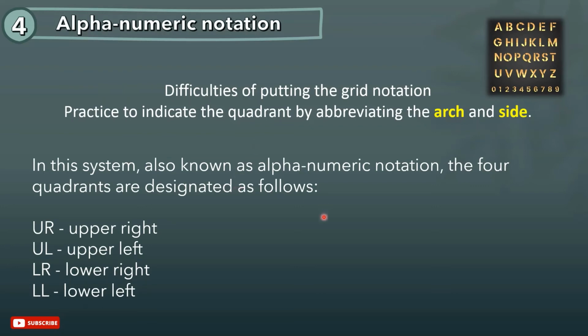In this system, you refer to the upper right by UR, upper left by UL, lower right by LR, and lower left by LL.